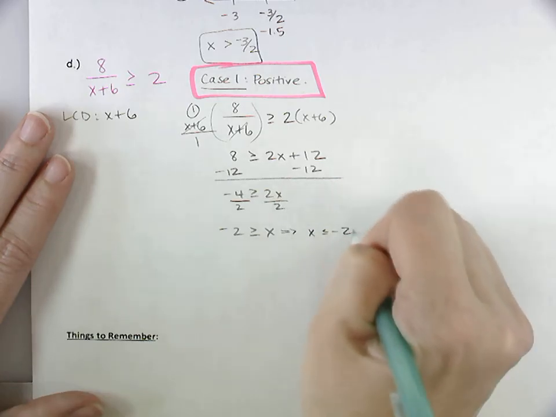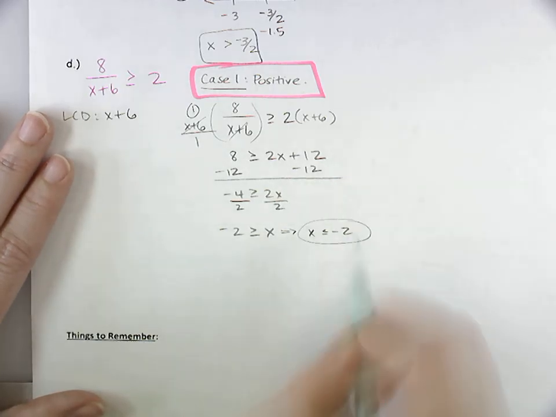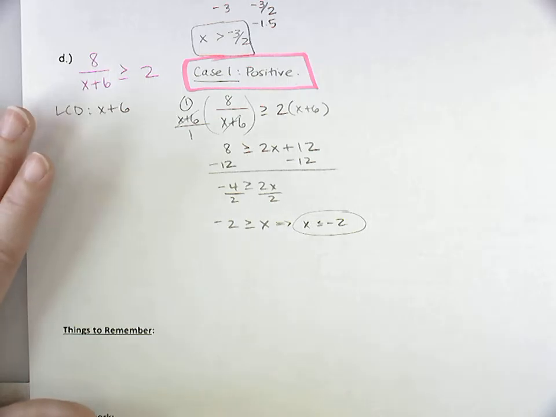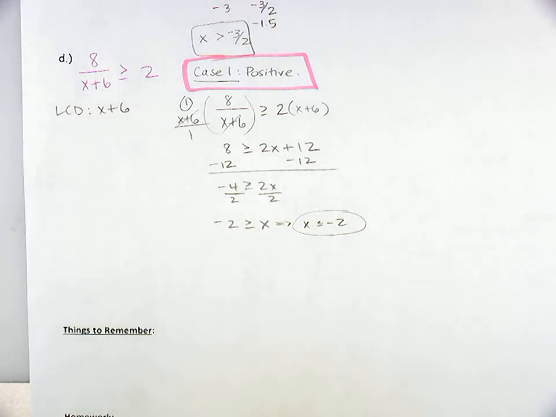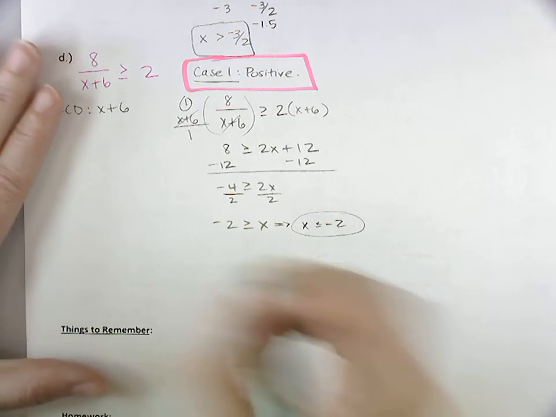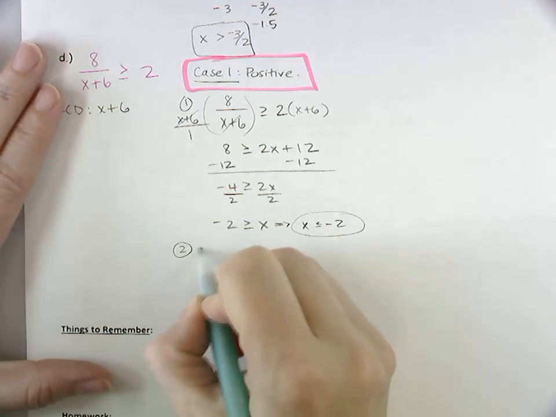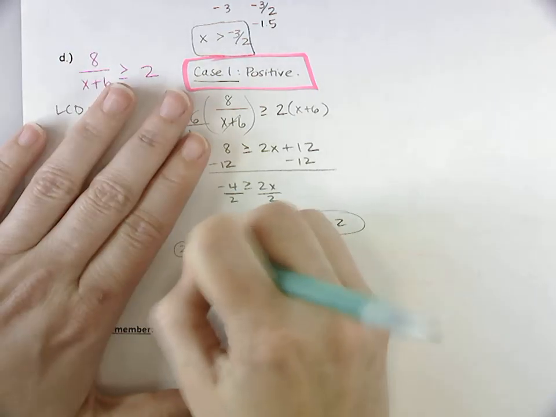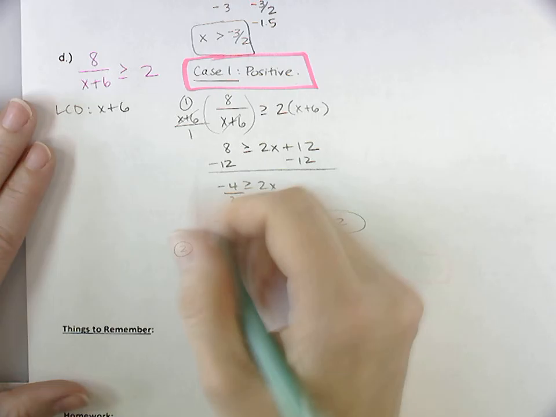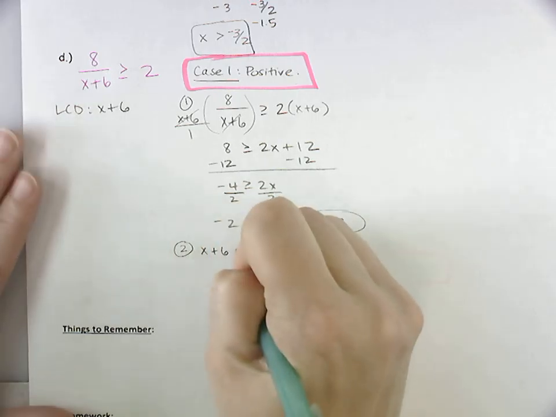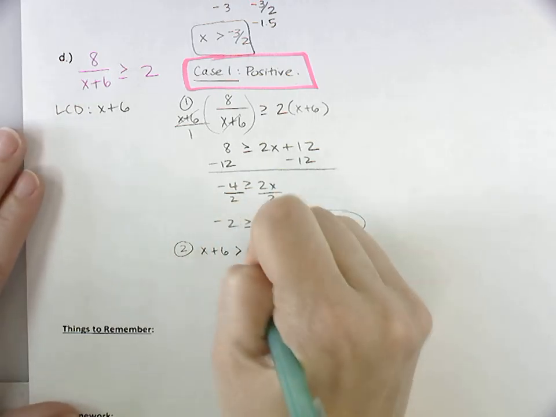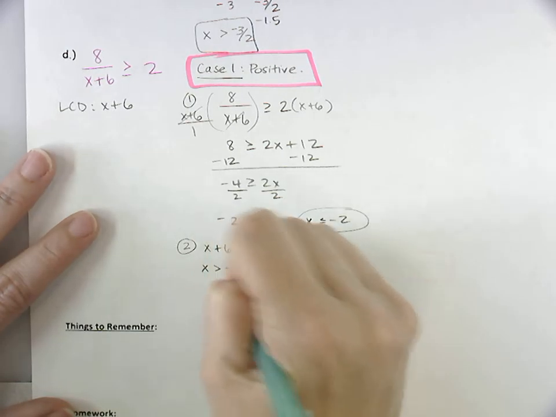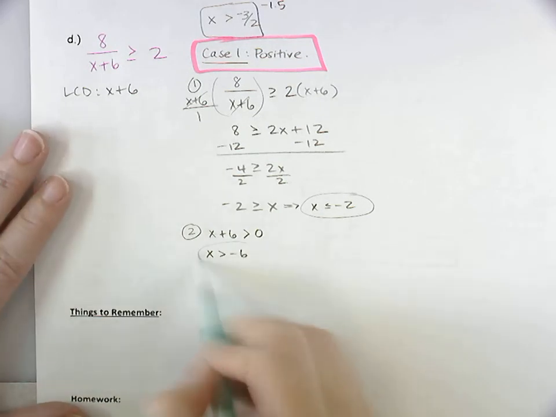So I have x is less than or equal to negative 2. For step 2, this is positive, so I'm going to take x plus 6 and set it greater than 0. So x is greater than negative 6.